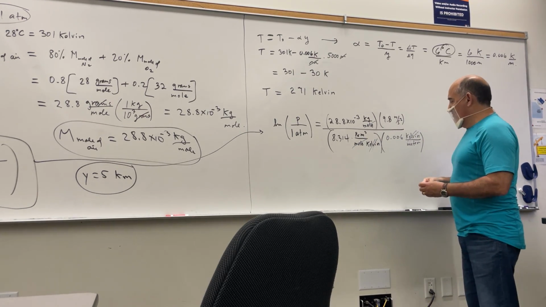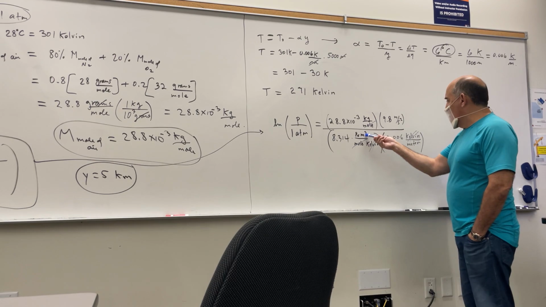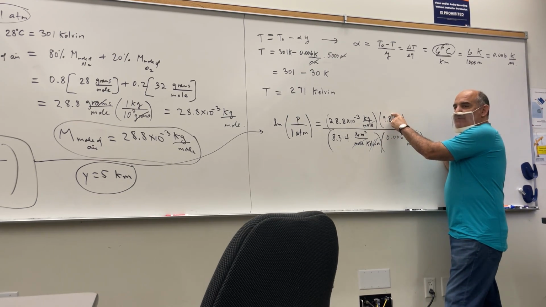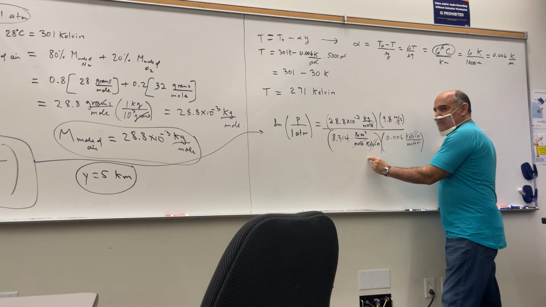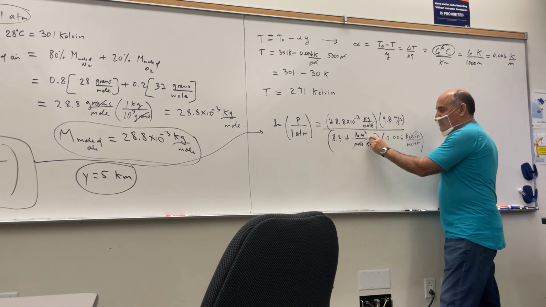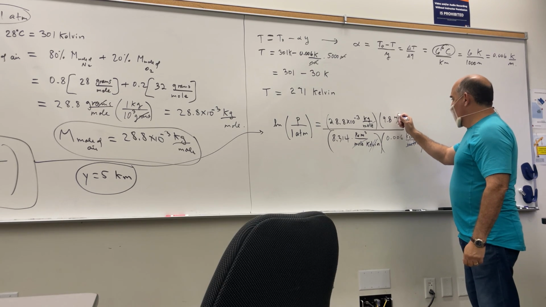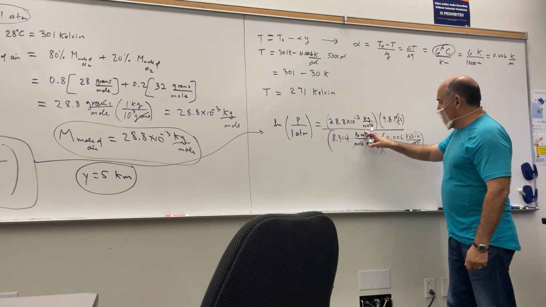So I have cubic meters over here. This meter is going to go upstairs to give me meters squared, which will give me meters downstairs, because I have cubic meters in the denominator and meters squared. So I'm going to cancel this with this and just leave this as meters.